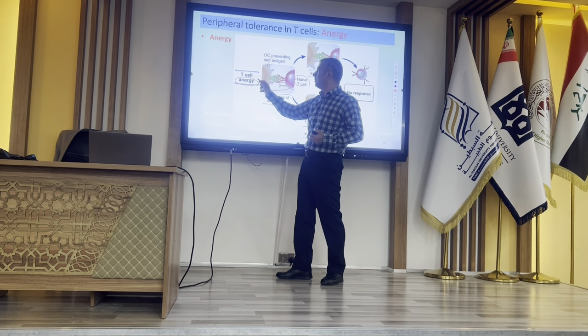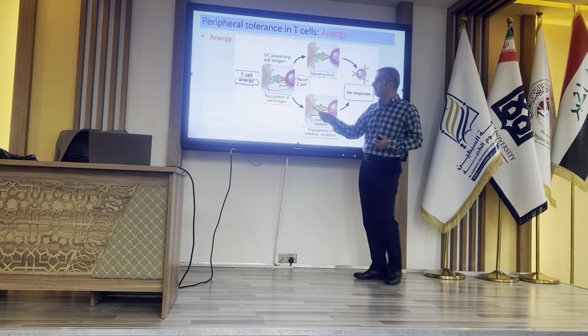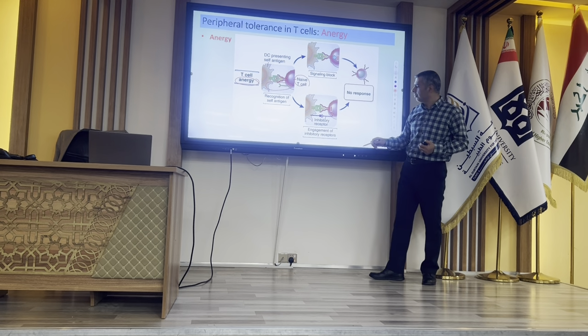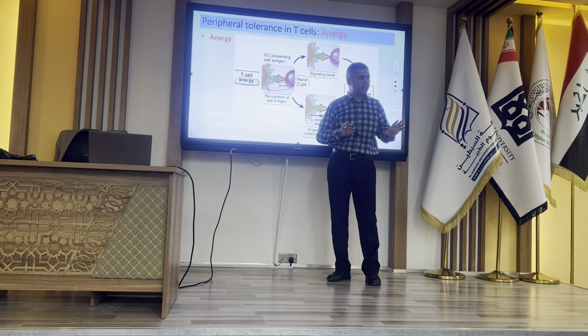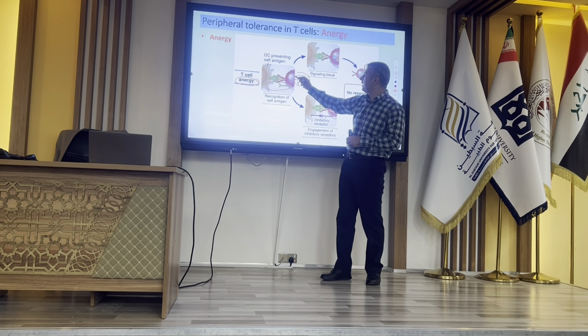Anergy means unresponsiveness. Okay? As a result of the absence of co-stimulation, when there is no engagement of co-stimulation. Is that clear? When there is no co-stimulation, we won't have activation of naive T cells.